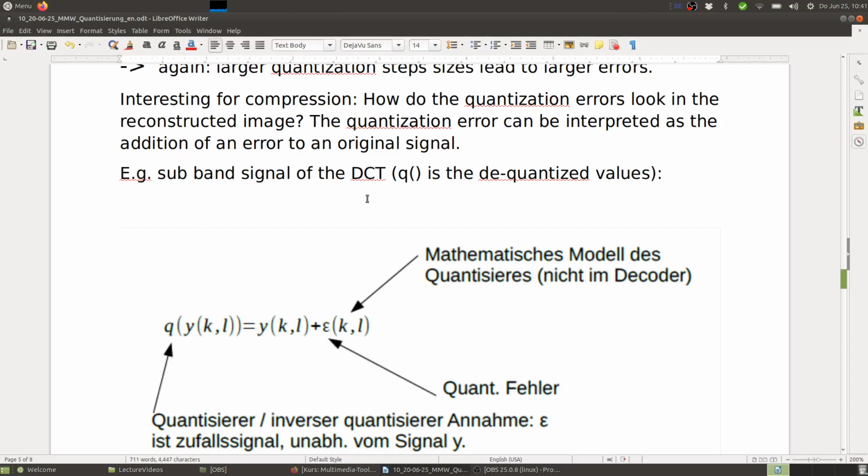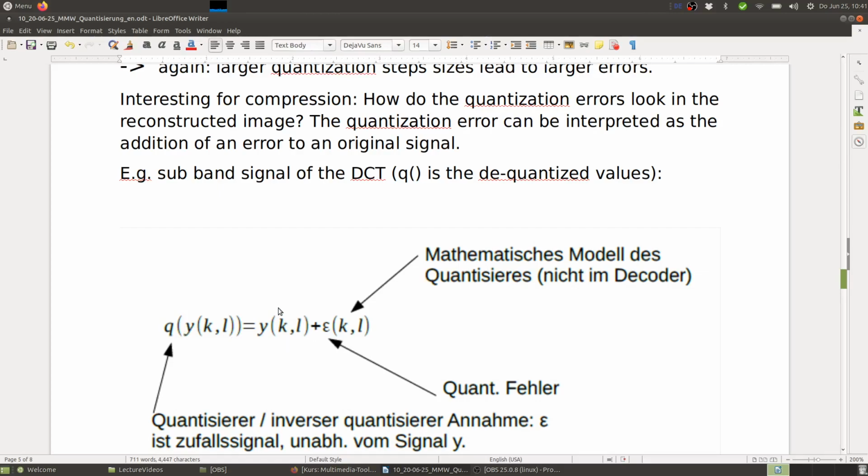So we take a subband signal of the DCT where Q is the dequantized values. So here we take the subband value Y with index K and L. So this is in the spatial frequency domain. Then we quantize and dequantize it. So Q is the function which gives us the dequantized value. And this gives us an error, right?